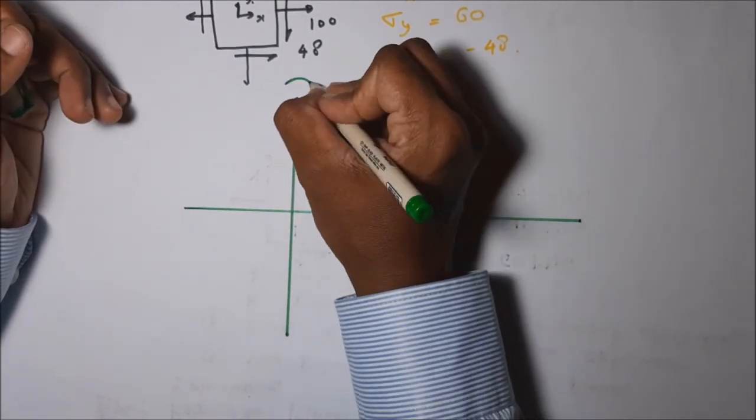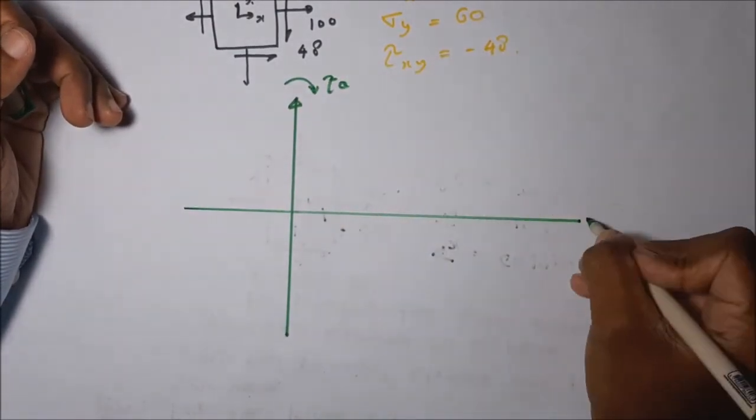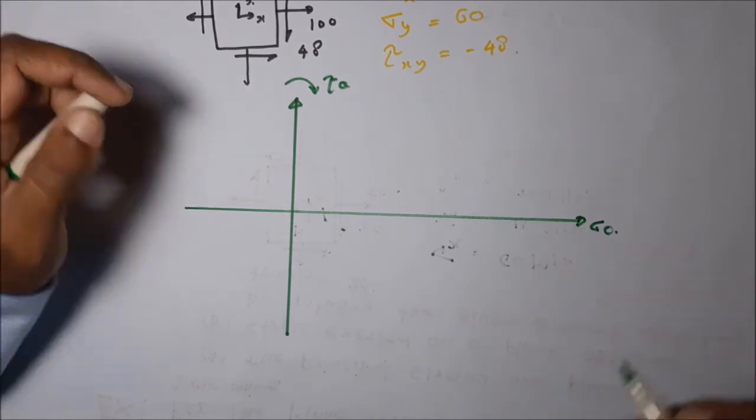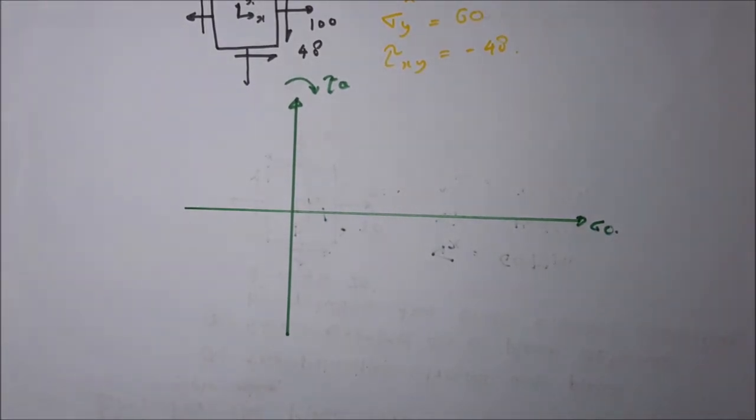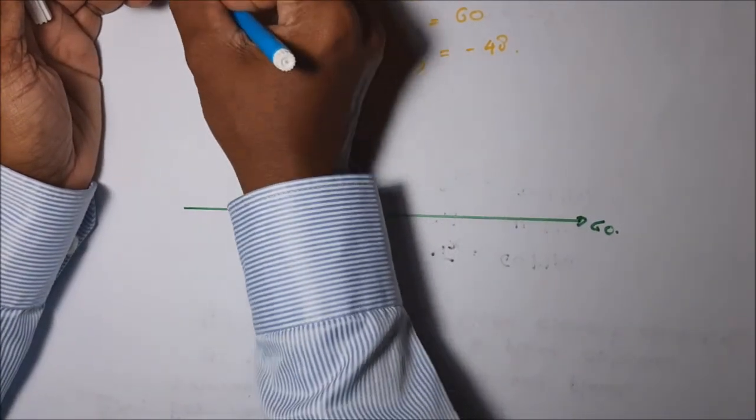Then we have taken the clockwise shearing stress as positive. This is sigma theta. Then we have to identify the two coordinate points A and B.